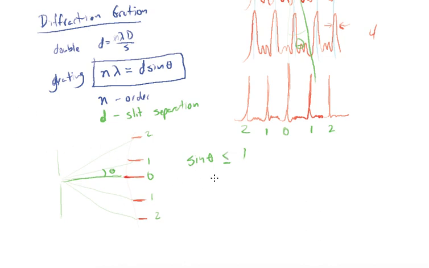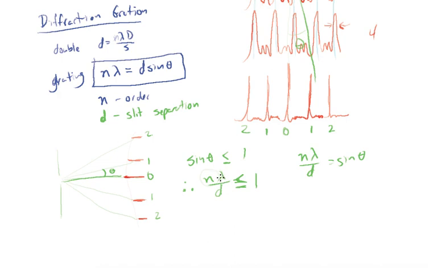So less than or equal to 1, which means that if I rearrange this, I get that n lambda over d is equal to sine of theta, and therefore n lambda over d has to be less than or equal to 1. And so you can actually go through using lambda and d and figure out what's the biggest order, the biggest value of n that keeps this less than 1.